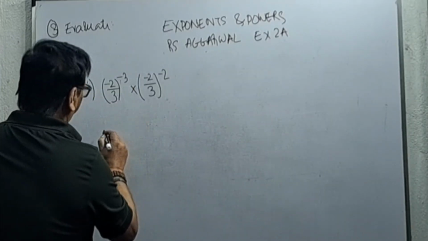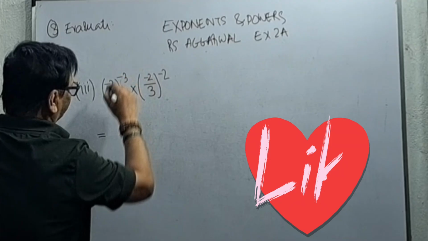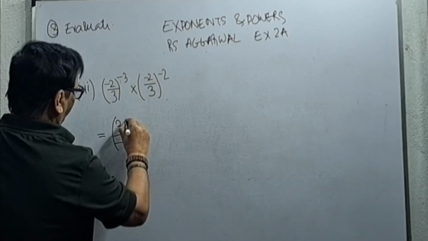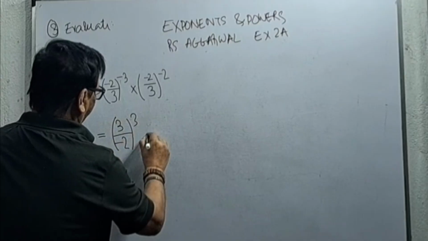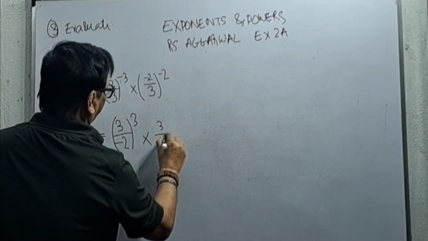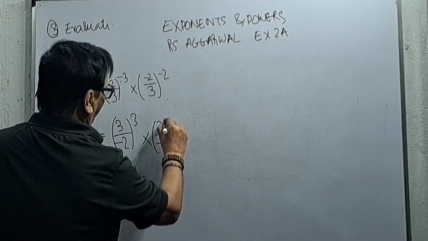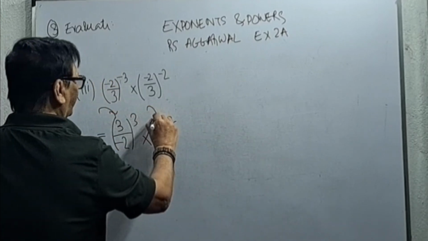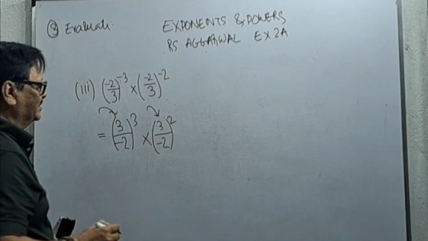So that solves question number 2. Part 2 of question number 3, this is what you got. So we make the exponents positive. So 3 by minus 2 power 3 times 3 by minus 2 power 2, right? Now the bases are same and the powers are also positive. That makes things simple.